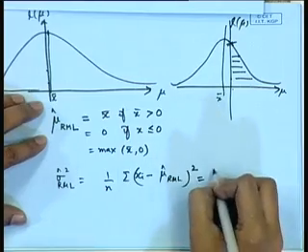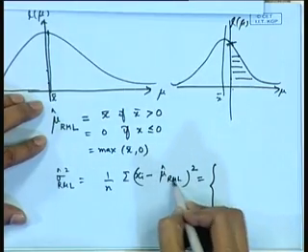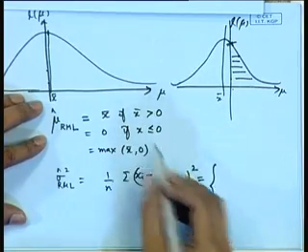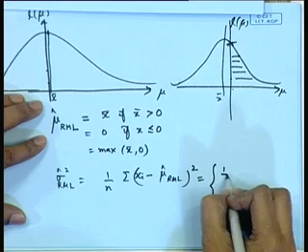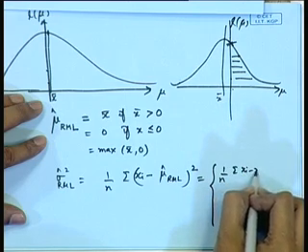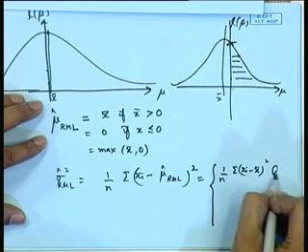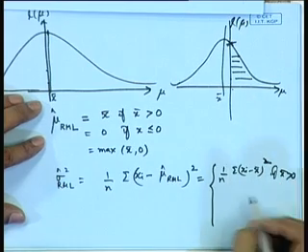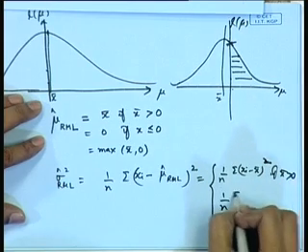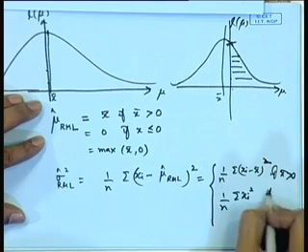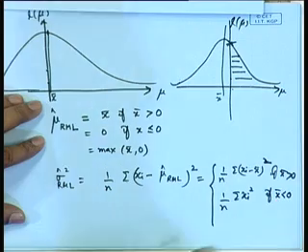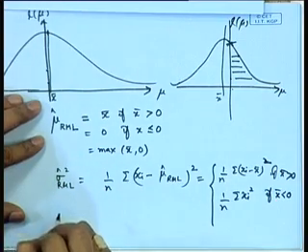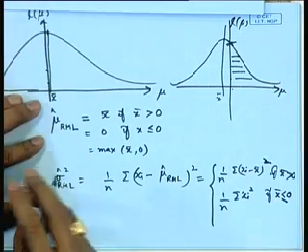So, this we can write as, when x bar is positive, then this is the old one, that is 1 by n sigma x i minus x bar whole square, if x bar is positive, and it is equal to 1 by n sigma x i square if x bar is negative or less than or equal to 0.